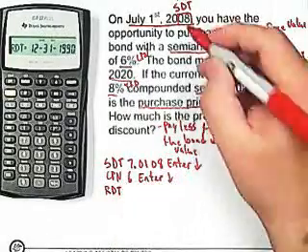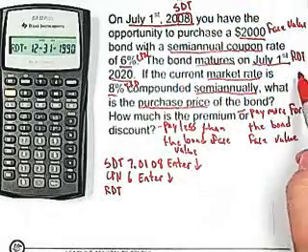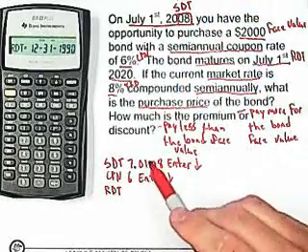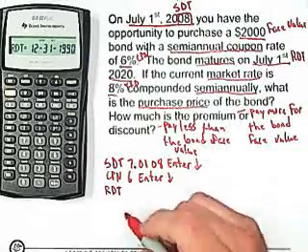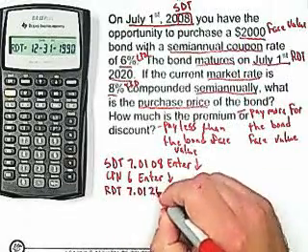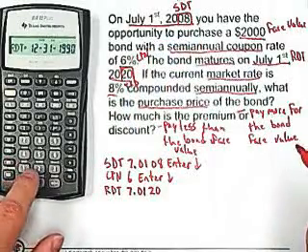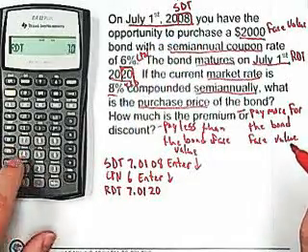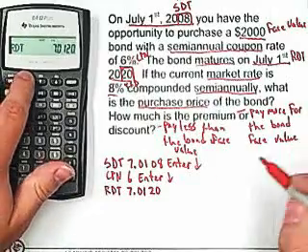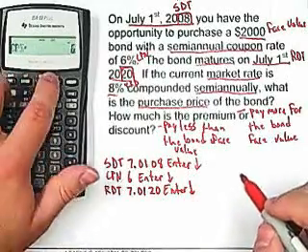Since they're both July 1st, the redemption date is 7.0120, because remember, you've got to use the last 2 digits in the year. So 7.0120, enter, down arrow, down arrow.